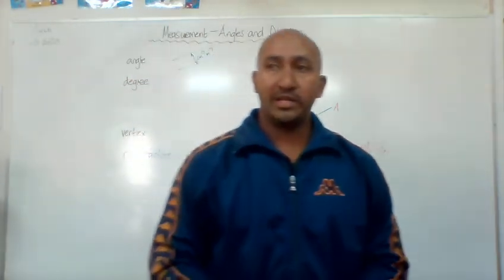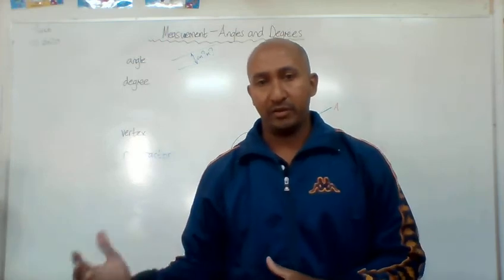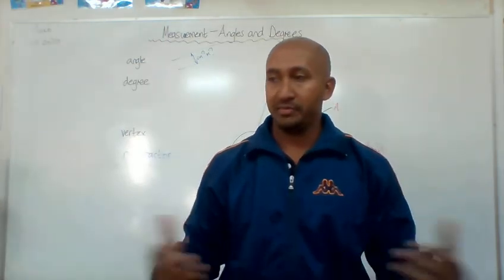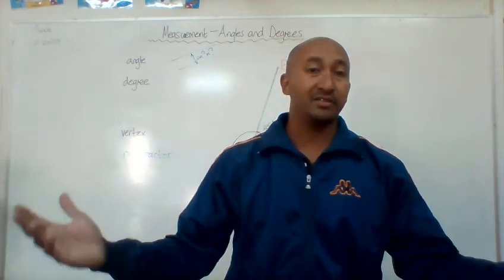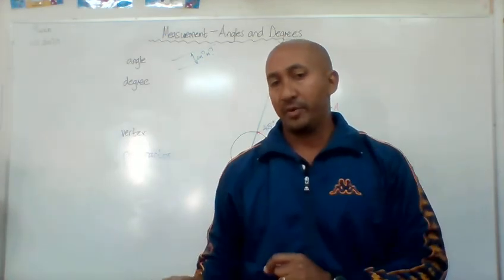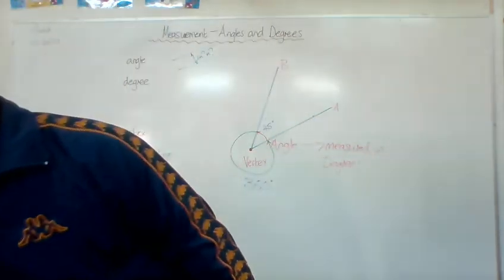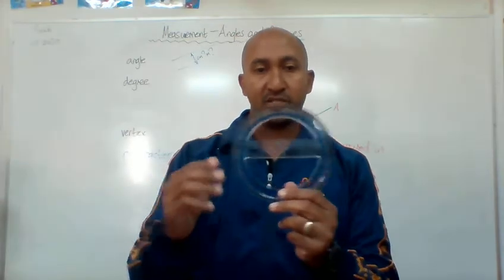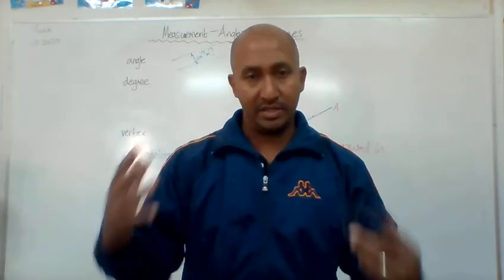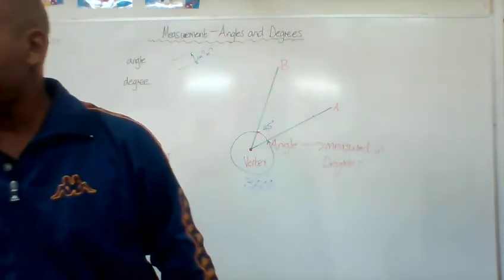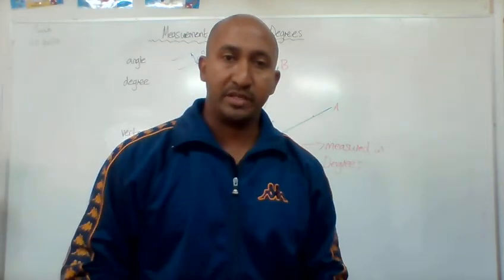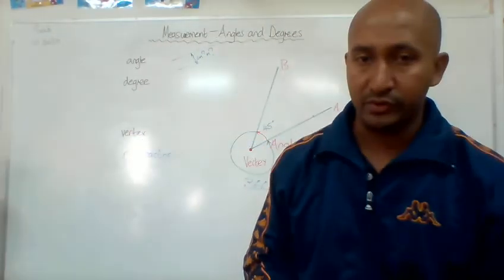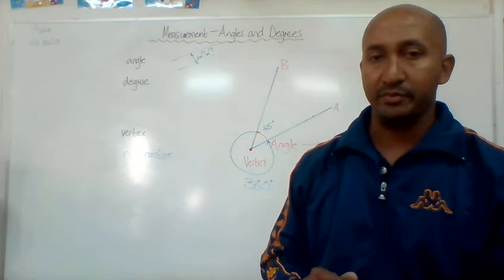You think about the designing of a car or a laptop or a jungle gym. There's angles everywhere, and they need to be measured with protractors so that everything lines up and it is structurally secure.